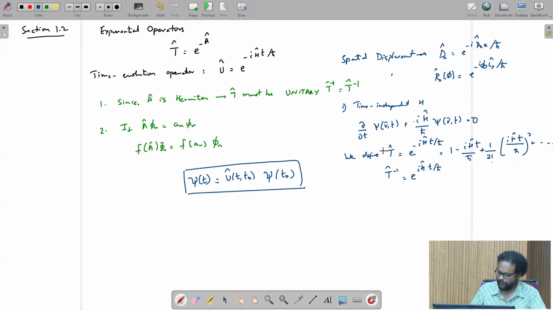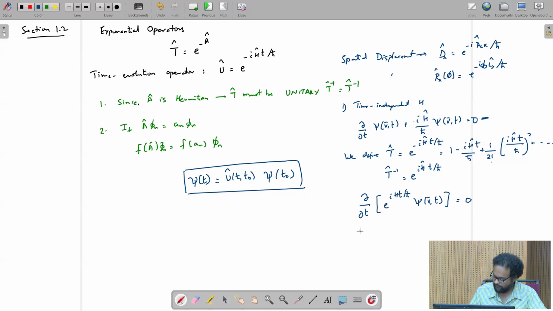So what we will do is we take our Schrodinger equation and we multiply by the inverse of the exponential operator. Then what we will get is d over dt of e to the power of iHt over h cross, integrating from t to t naught.